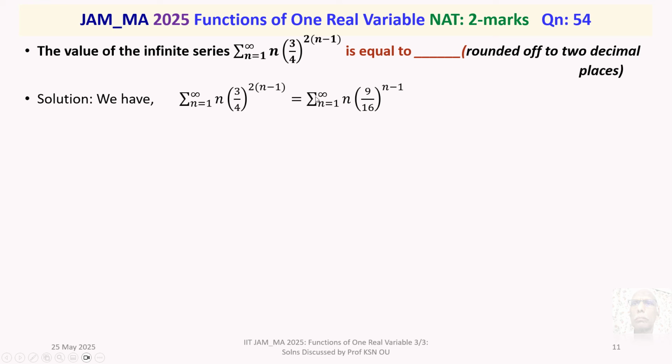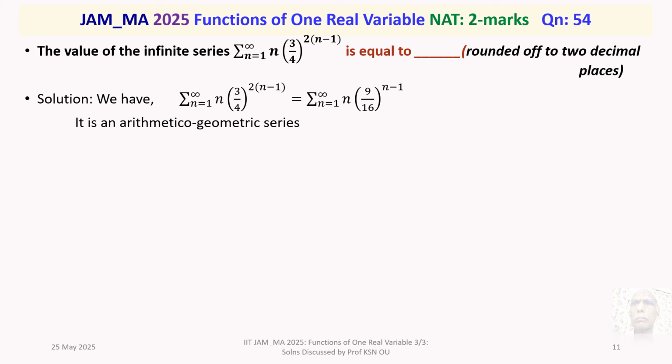But this is a very well known series. What is this? Sigma n is equal to 1 to infinity n, this goes in arithmetic progression. 9 by 16 to the power of n minus 1, this goes in geometric progression. And that is why such a series is called an arithmetico-geometric series. And how to find the sum of such things, we are very familiar right from plus 2 level.